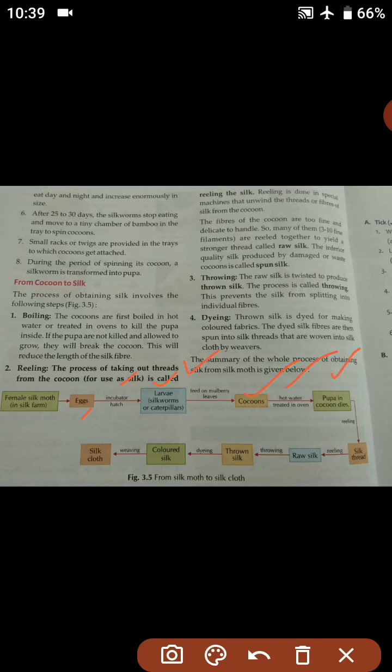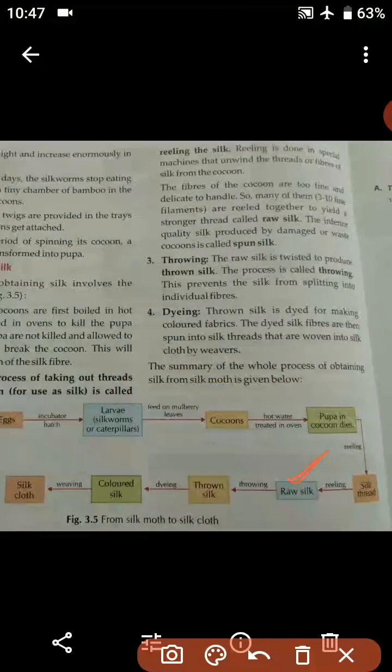After the pupa dies, the process of reeling starts and the silk threads are obtained. These are then reeled together to produce a strong thread called raw silk. Okay, students. After the production of raw silk, the process of throwing starts.